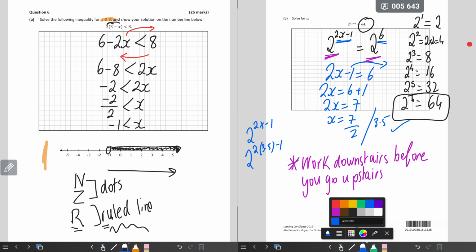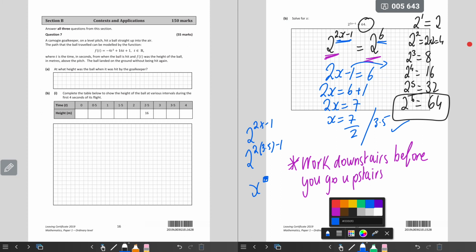So 2 to the power of, there's an x with a wee shaded in bit in your calculator. 2 to the power of 2 times 3.5 minus 1. And you get 64. Trial and error would mean I would maybe put 1 in for my x, put 2 in for my x, put 3 in for my x. 3 is too low, 4 is too high, go somewhere in between, split them. There's nothing wrong with that.